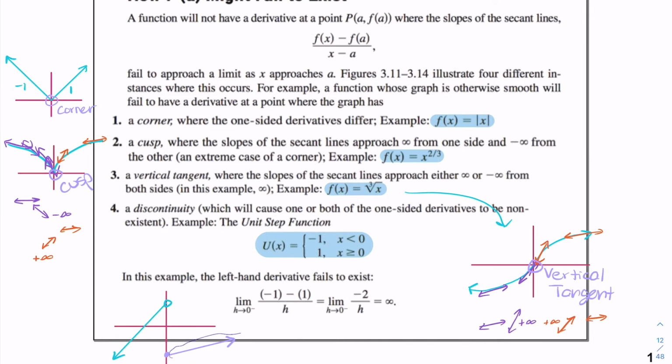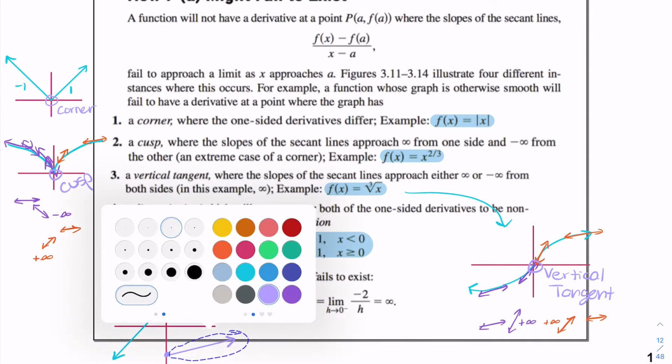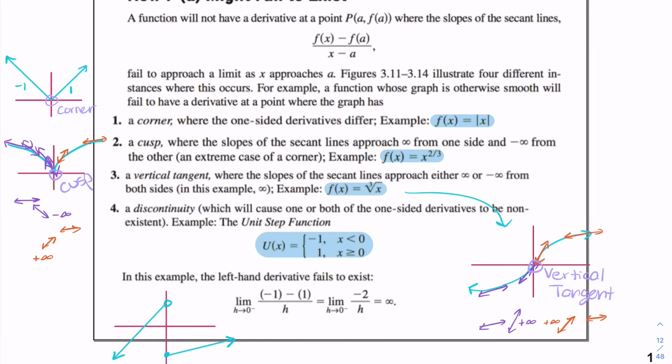Just to keep it consistent. There we are. And here is where your discontinuity occurs.